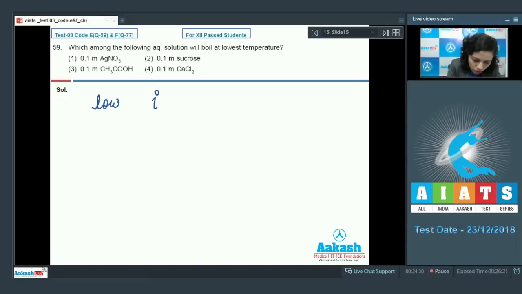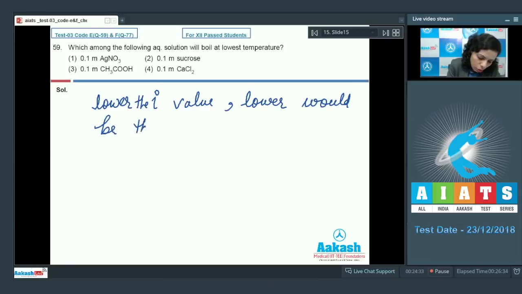So, the lower the i value, the lower will be the boiling point of the solution.